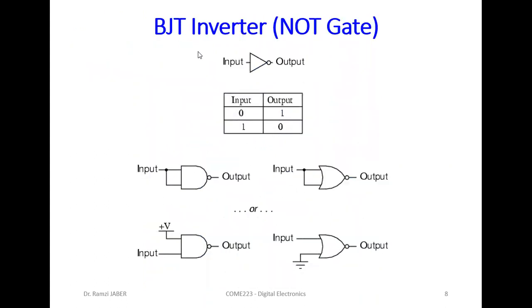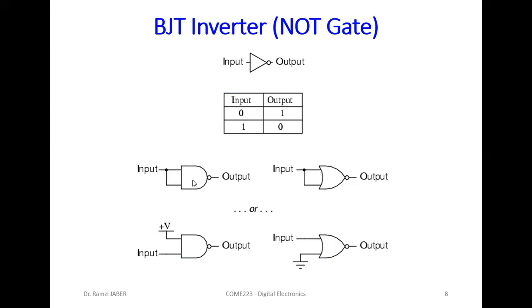Now, continuing with BJT, bipolar junction transistor, we will begin with the inverter. So a NOT gate or inverter has one input, one output: 0 becomes 1, 1 becomes 0. Or we can use the NAND or NOR and transform it into an inverter, similar to these diagrams.